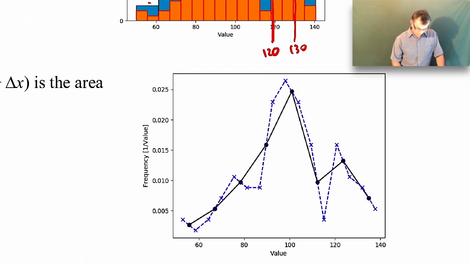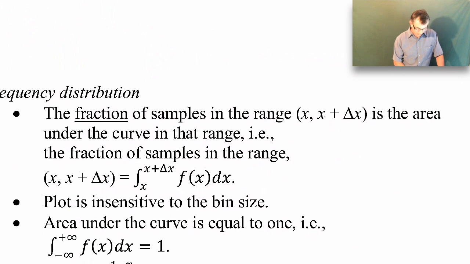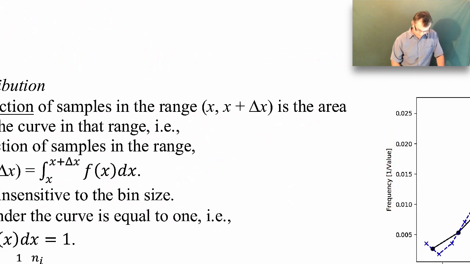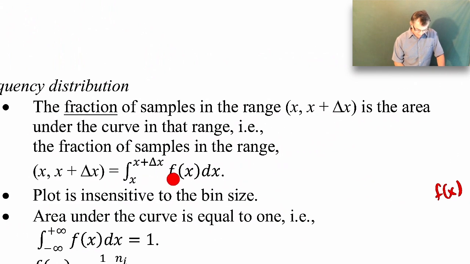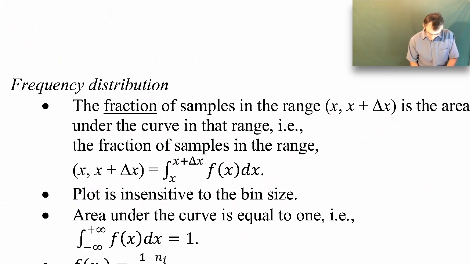When I say the frequency distribution gives us the fraction of samples in a certain size range, it's the area under the curve in that size range. What it means is, if this is my frequency distribution, that's this axis, and I integrate the frequency from x to x plus delta x, whatever range that is, that will be equal to the fraction of samples in that range.